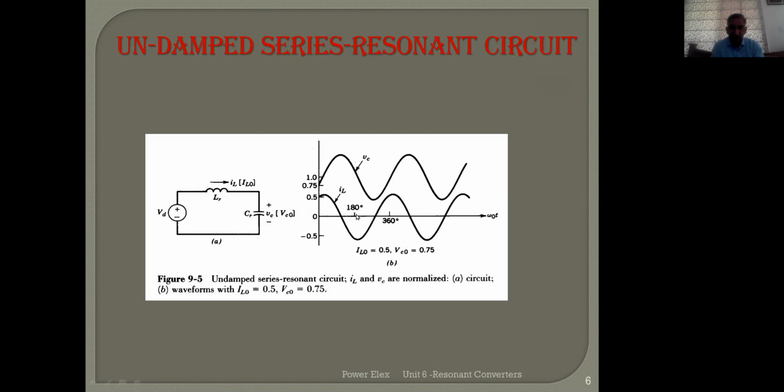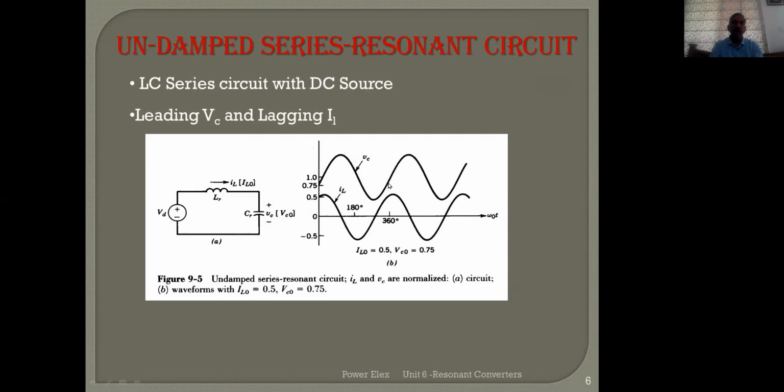This is 180 degrees, where you see that inductor current is at negative max and capacitor voltage is at positive max, whereas at 360 degrees, after one complete cycle, you get inductor current maximum and the capacitor is just regaining from the discharge state. And this is undamped, so this waveform will remain as it is.